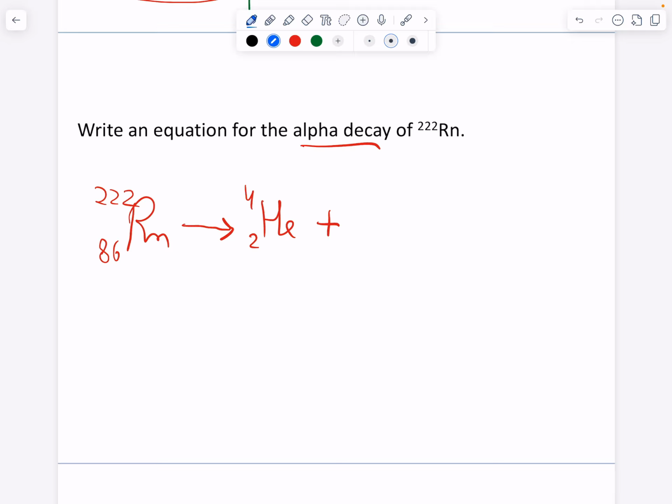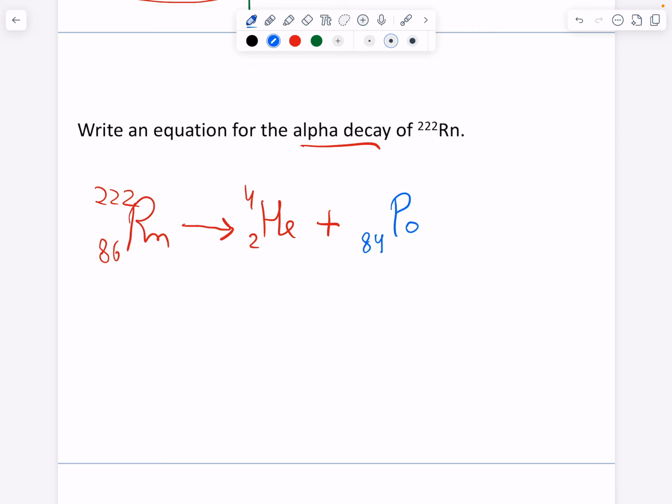Let's complete this: here is 86, so that means here has to be 84. 84 plus 2, 86. And who is 84? Polonium. Yes, polonium. That's what you have to check in your periodic table.